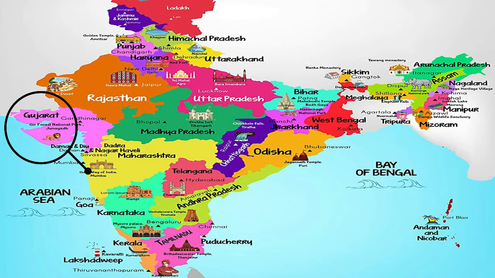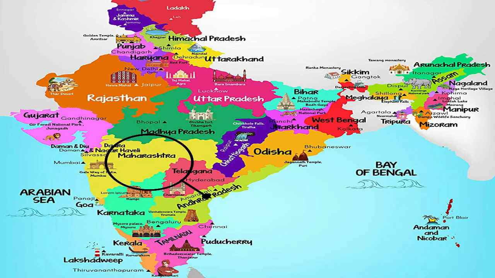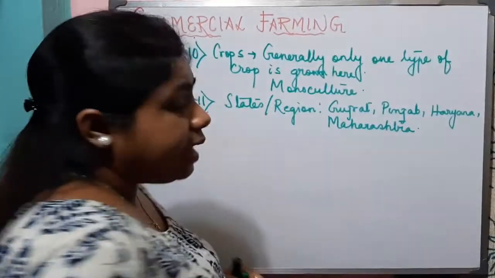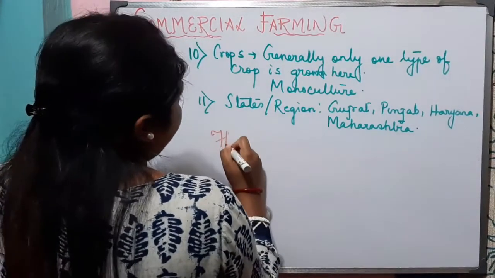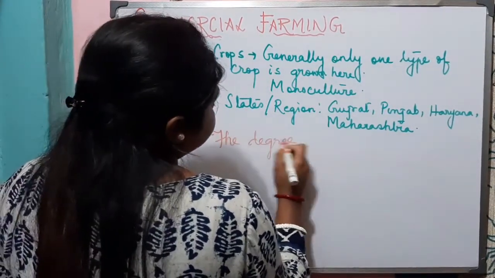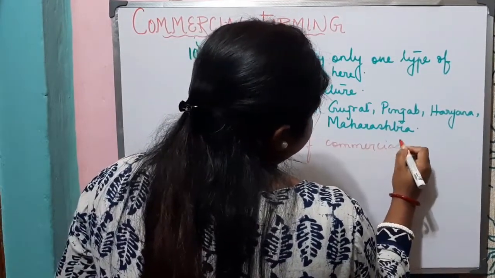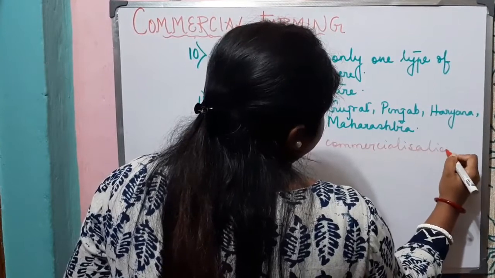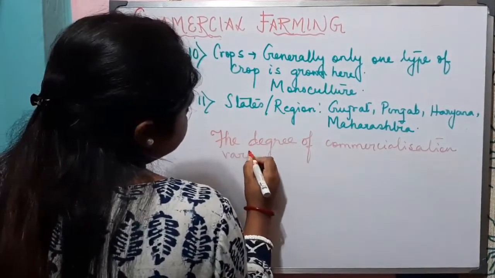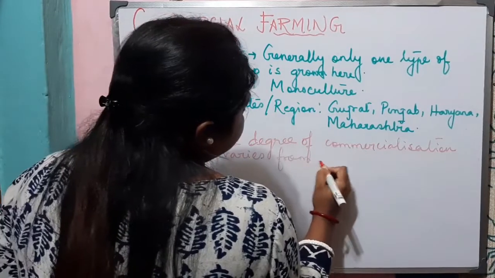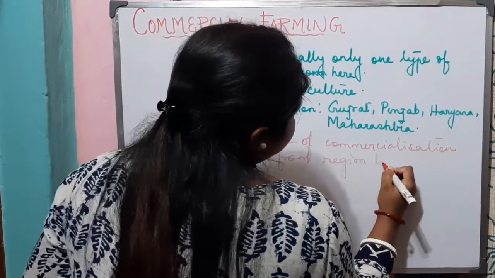Gujarat, Punjab, Haryana, Maharashtra. So these are the regions where we will see that commercial farming is widely practiced. Now we will see that the degree of commercialization varies from region to region.